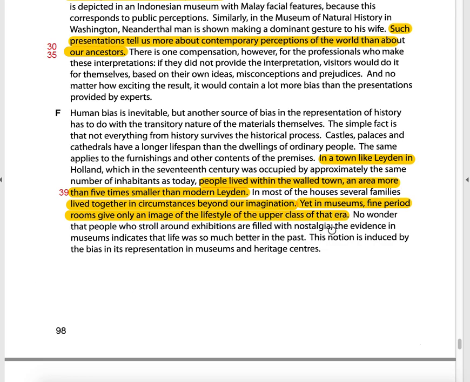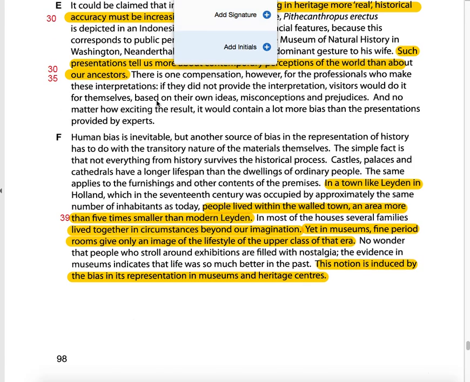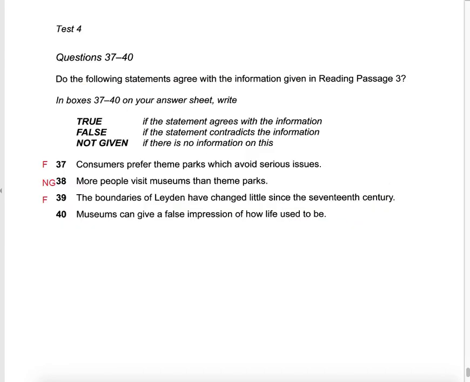And then further ahead it says, this notion is induced by the bias in its representation in museums and heritage centers. A bias means what they think, and usually that means it's not the correct one.